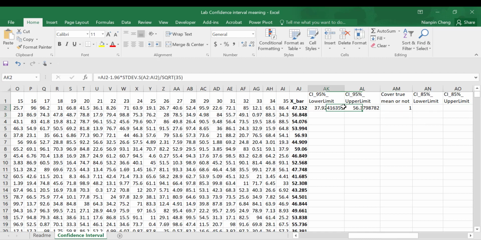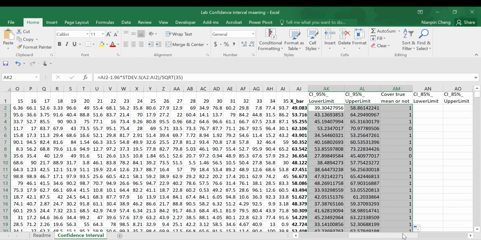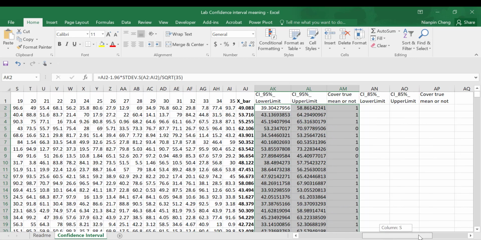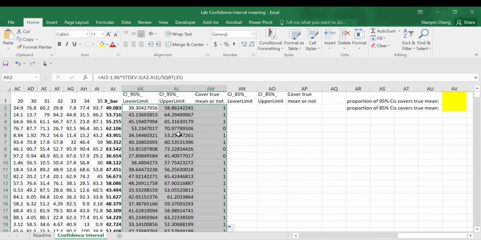So next, we can do the same thing for all these 1,000 samples. And then we find out the proportion out of these 1,000 samples. We generated 1,000 confidence intervals.